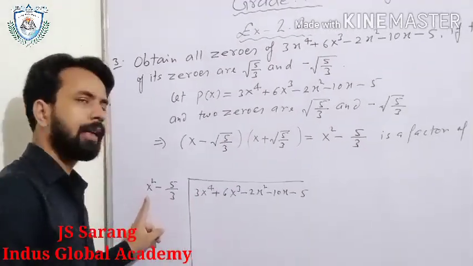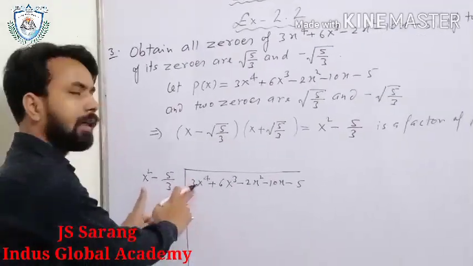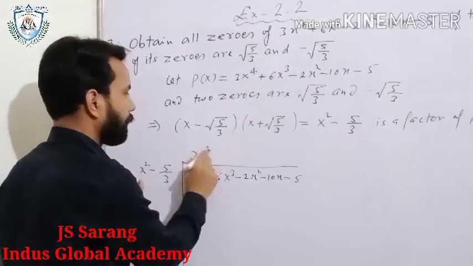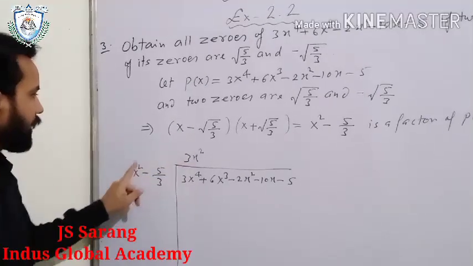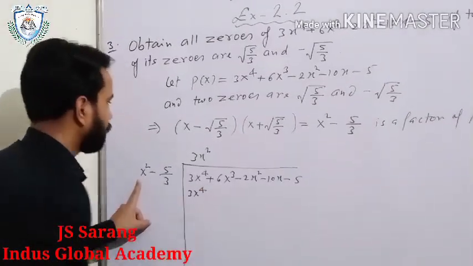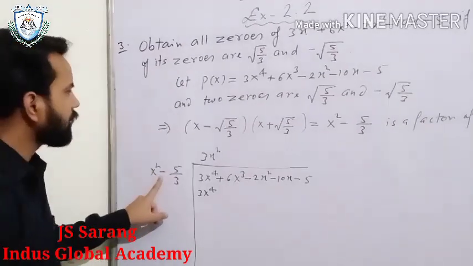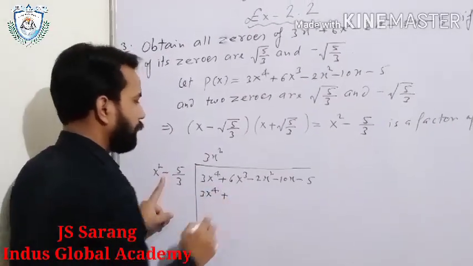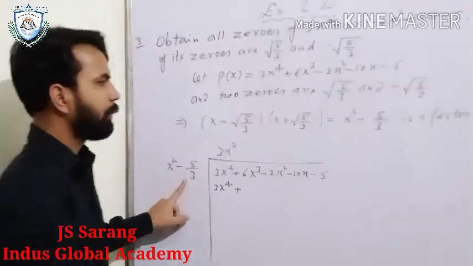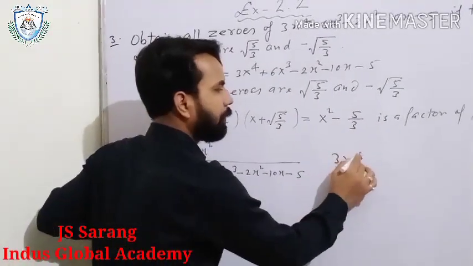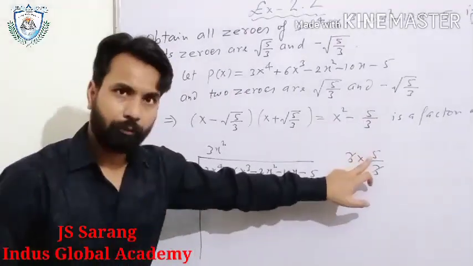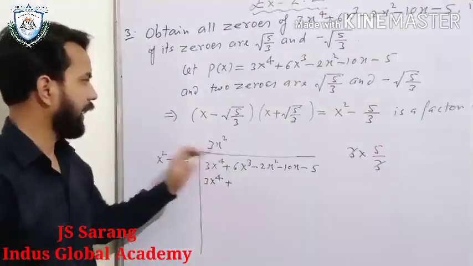It will be divided by x square, so we will get 3x square. Understood? So this will be its first term. So 3x square is multiplied by x square, so it will be 3x to the power 4. Minus into plus will be plus. 3 is multiplied by 5 upon 3. So 3 is multiplied by 5 upon 3, this 3 and 3 cancel. So what is left? 5. So minus 5x square.